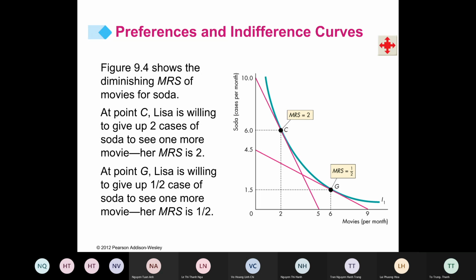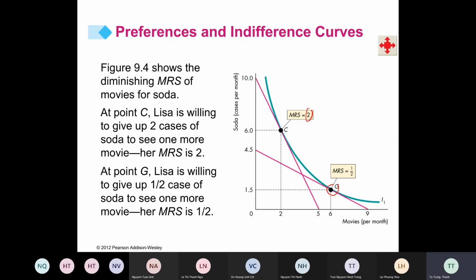Let's say we draw a straight line tangent to the indifference curve at point G. If you compare the slopes of these two straight lines, at point C the slope is higher, right? Because the straight line is steeper, and steeper means higher. The slope at point C equals 2, and the slope at point G is 1.1, which is smaller.